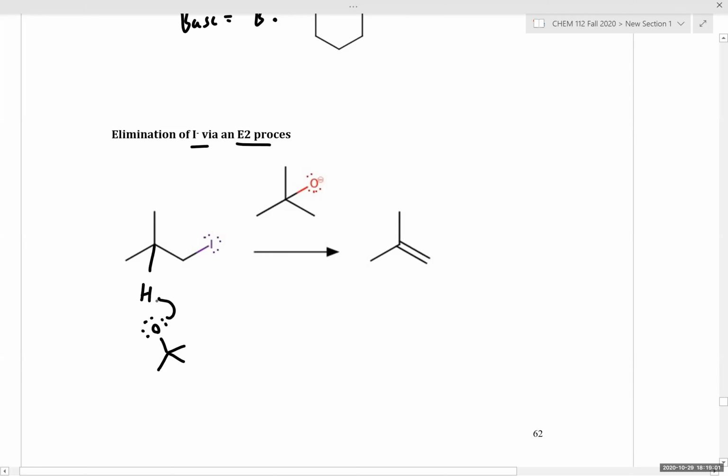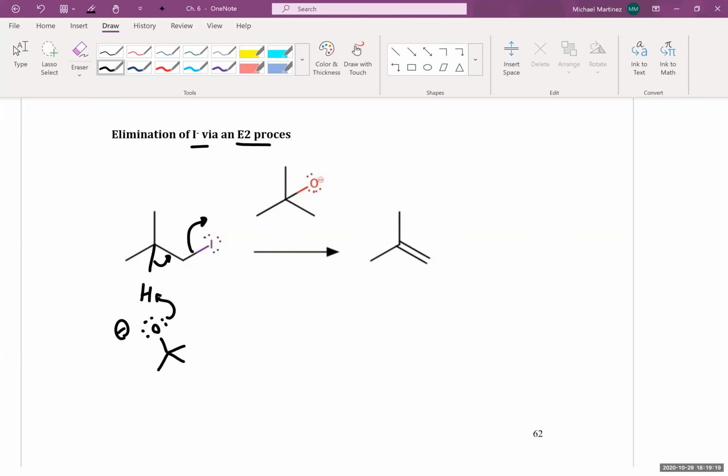So our base abstracts a proton. The electron density in our carbon-hydrogen bond is used to form our alkene, and our leaving group leaves. Perfect. It's great to see students contributing as we work through each of these different mechanisms.